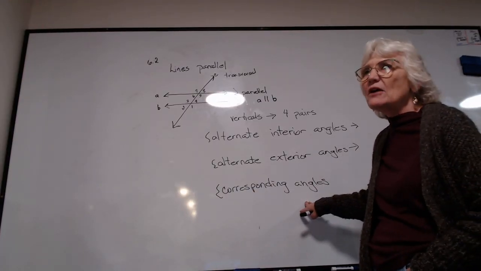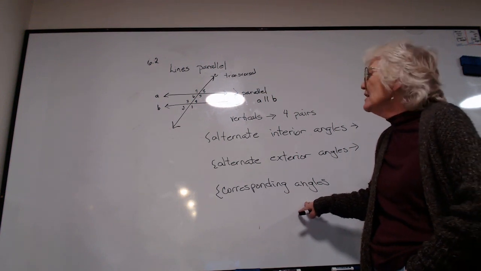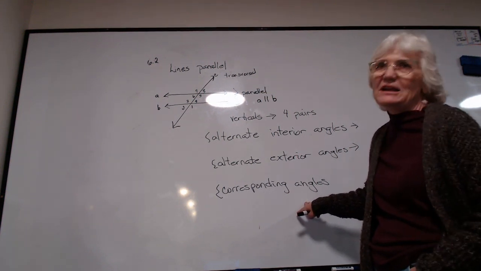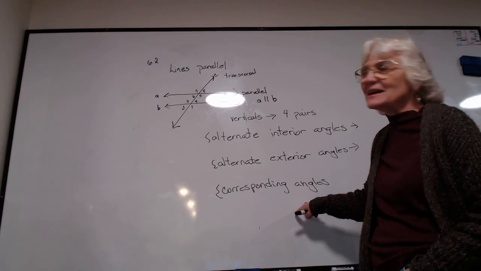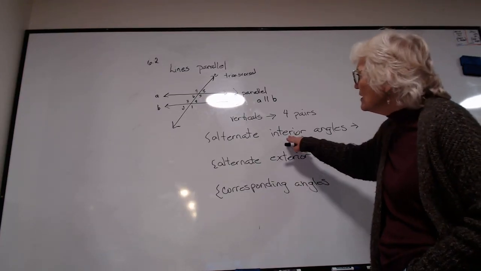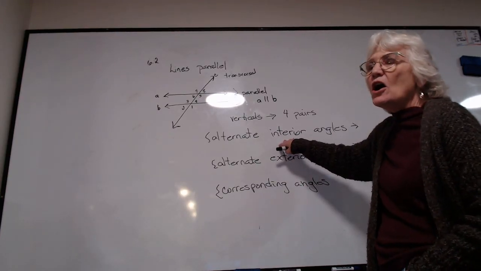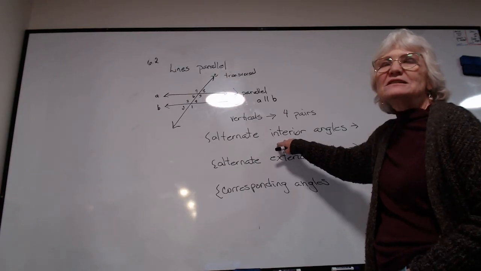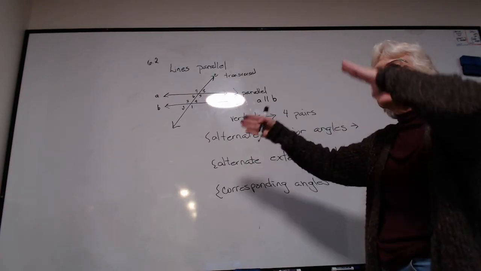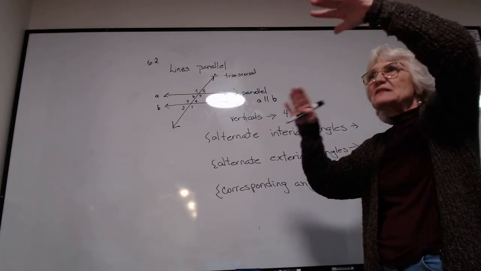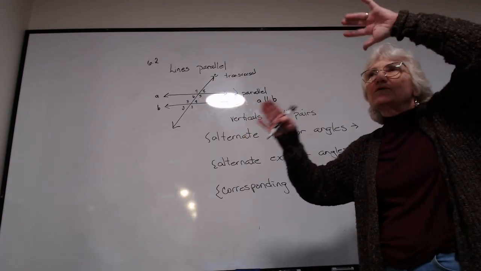So I will give you how you find what corresponding, alternate interior and alternate exterior mean. If you look at alternate interior, alternate means on a different side. It's on the opposite side of the transversal.